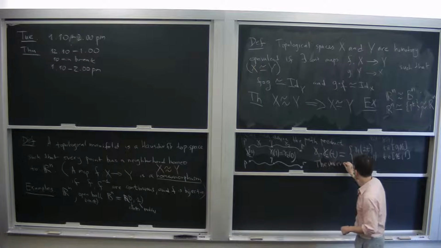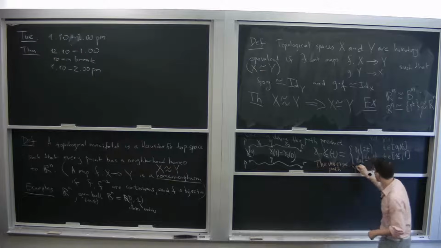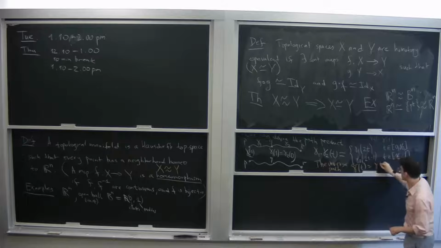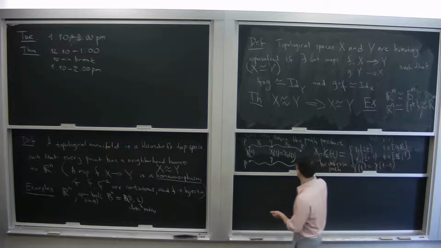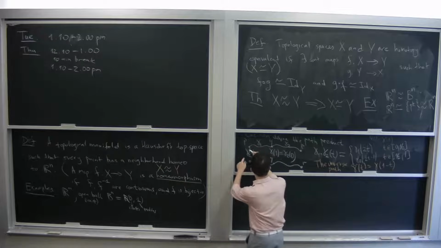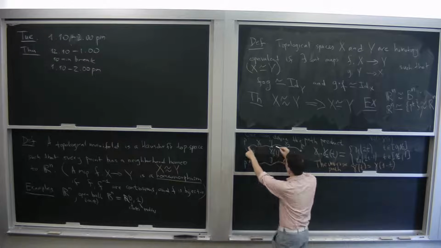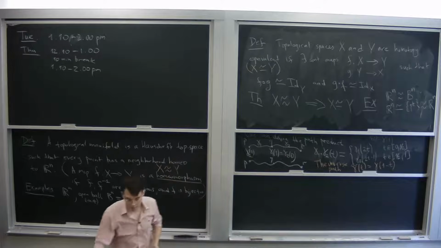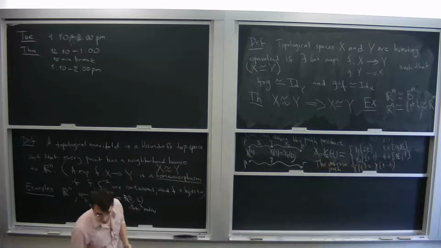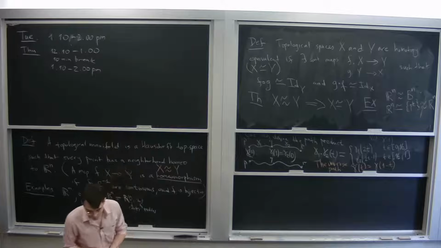The inverse path gamma tilde of t is just gamma of 1 minus t. So basically, it's just the way back: if you go from P to Q, then gamma tilde goes from Q to P. This is why all this is important.